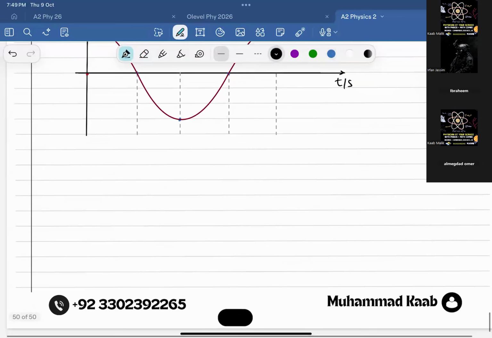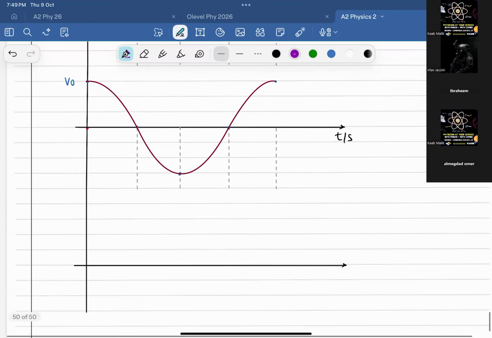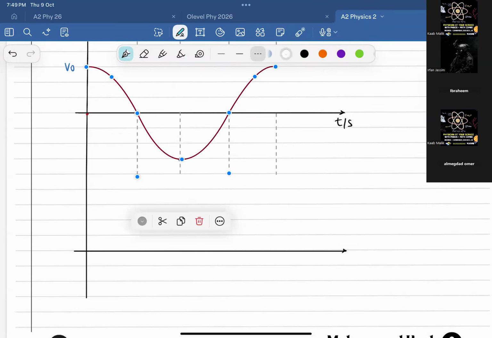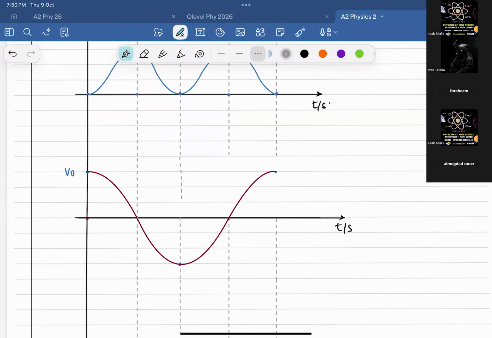Let's say I have this horizontal line, and let me just enlarge this one, and then this one, and then this one. Yep, perfect.